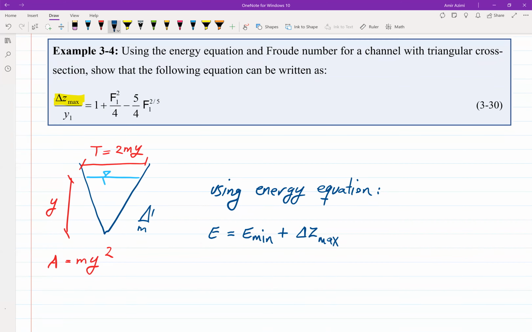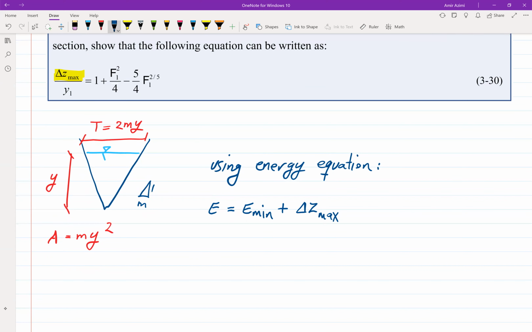And I can rearrange this relationship to write it based on delta Z max, which is E1 minus E minimum.